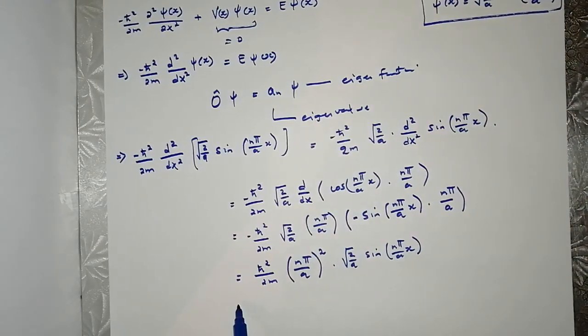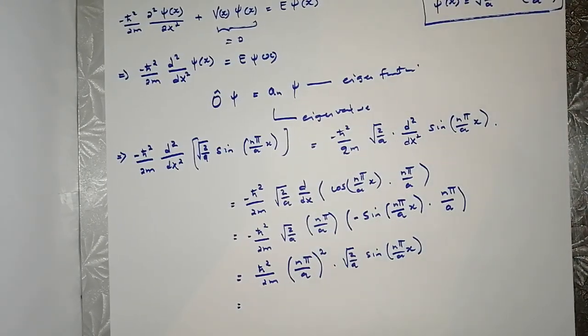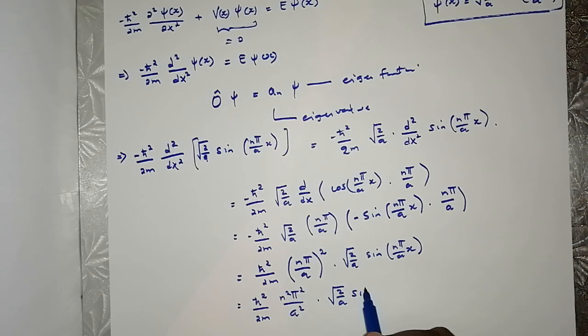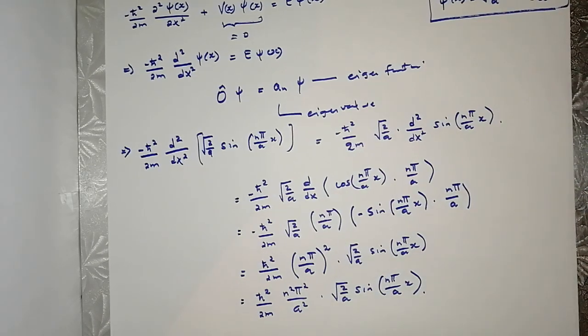Okay, I trust at this point you guys are seeing something. So it's h-bar squared divided by 2m, n squared pi squared divided by a squared, multiplied by the square root of 2 over a sine n pi divided by a times x. Okay, at this point in time, I hope that you guys are seeing what is going on.